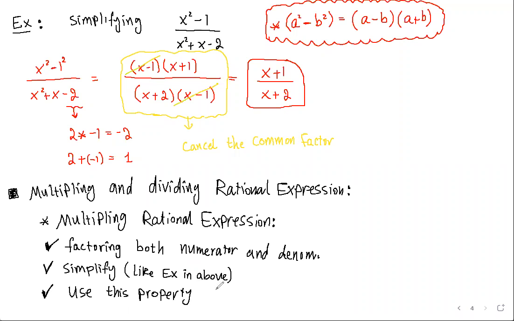It says A over B times C over D. This is equal to, we multiply the numerators together and we multiply the denominators together. So I get one fraction, AC over BD.